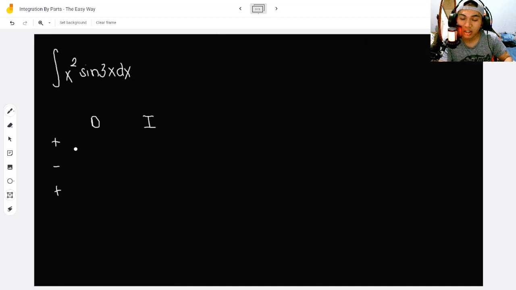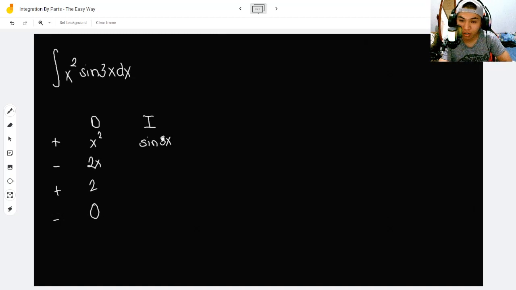Now, let us differentiate x squared, and we will integrate sine of 3x. Now, the derivative of x squared is 2x, and then the derivative of 2x is 2, and the derivative of any constant is 0.